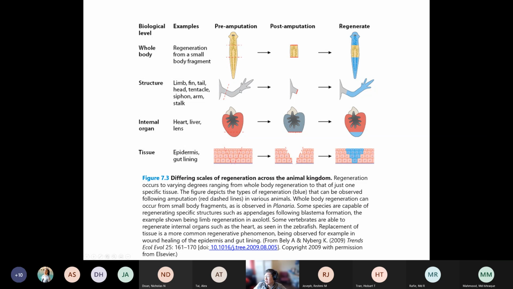And then next is going to be the regeneration of a structure. The most widely and best studied will be the regeneration of limbs in amphibians. The scientists usually will amputate a limb from an amphibian and then study the regeneration.